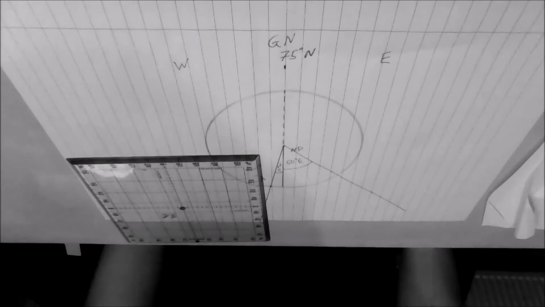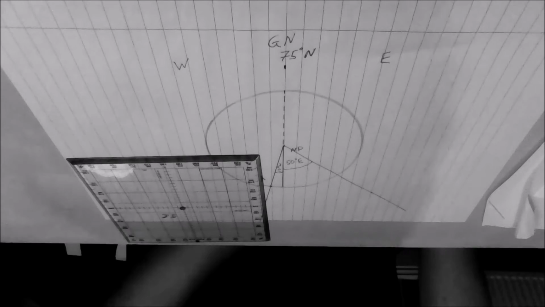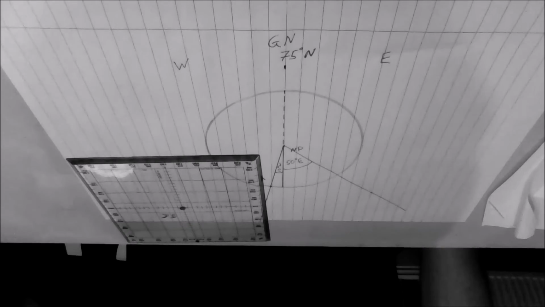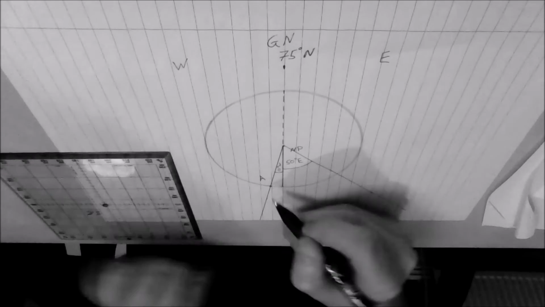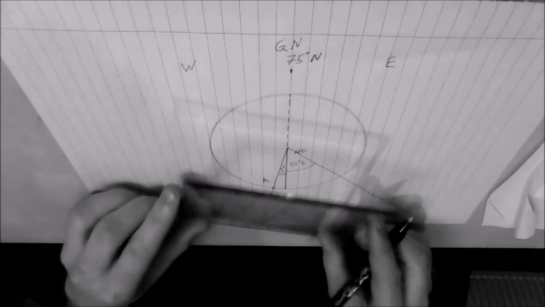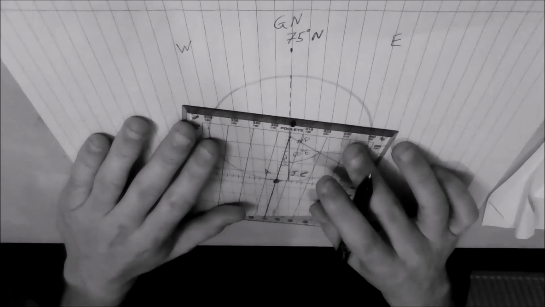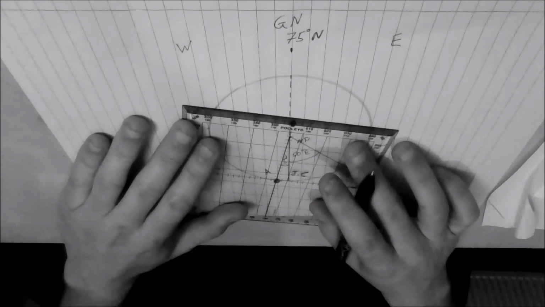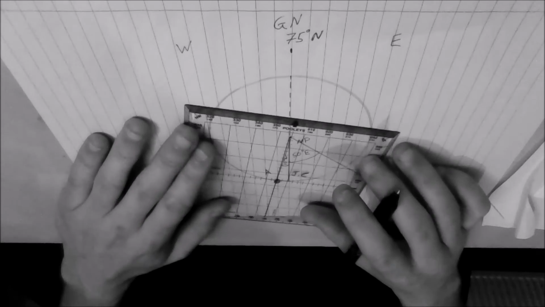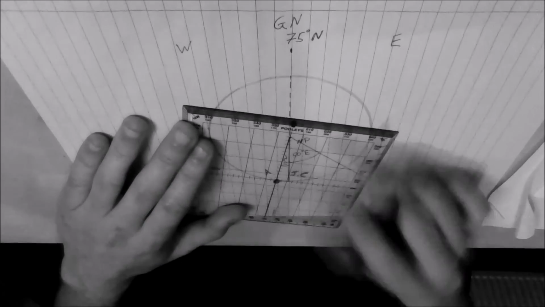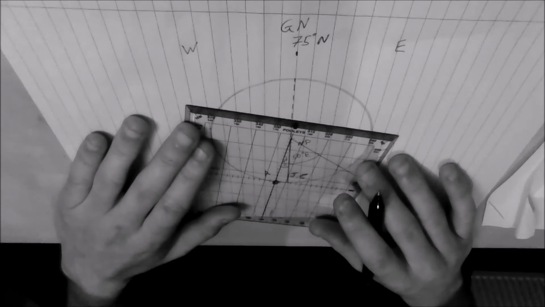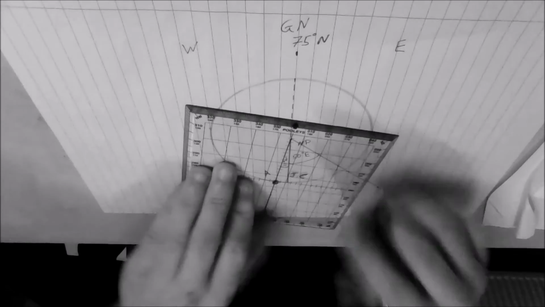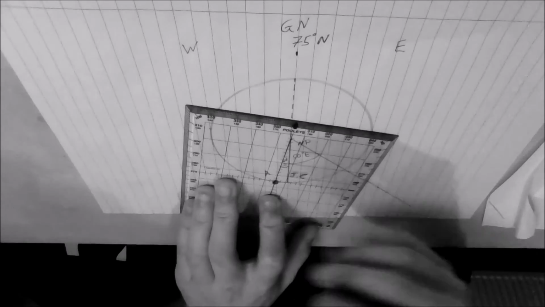Okay, so the question is asking us, what is our grid track when passing the meridian 50 east? Okay, so as it states, the true track of the straight line at A, which is this point here, is 80 degrees. So what we want to do is take our compass, line it up with our 10 degree west line. Okay, so not with grid north, which would be sat there, we want to line up with the 10 degrees west, which is there, and put our centre dot of the compass on point A, which is the point at which the 10 degrees west intercepts the circle.